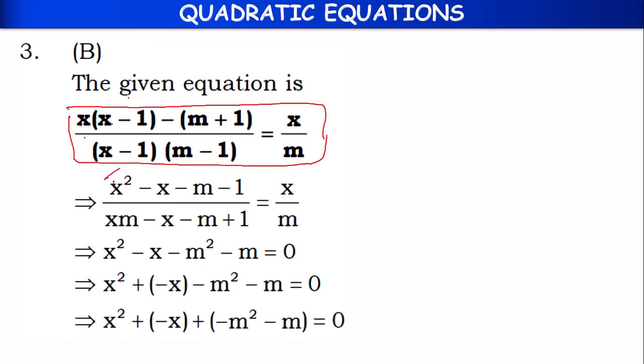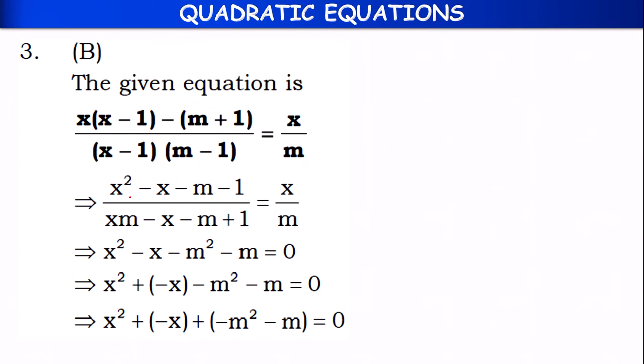x into x, x square, x into 1, x, minus m, because minus is there, the symbol is to be changed. 1 by x into m, xm, x into minus 1, minus x, minus 1 into m, minus m, minus 1 into minus 1, plus 1, equal to x by m.